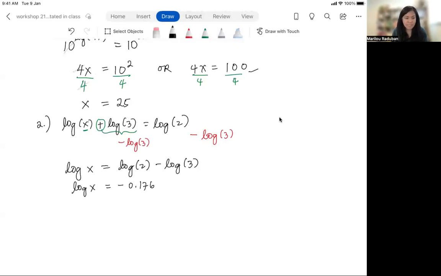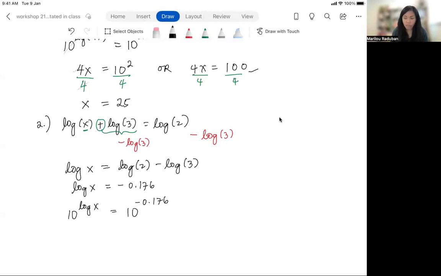So now you can do the base 10 to get rid of log x. So base 10 and the exponent is log x. You have to do that on the right side as well. Base 10 and the exponent is negative 0.176.